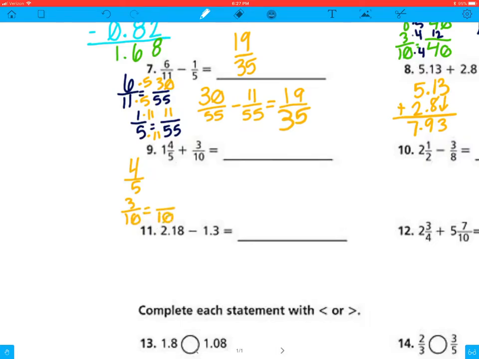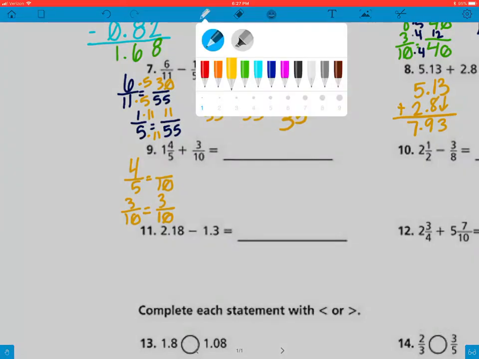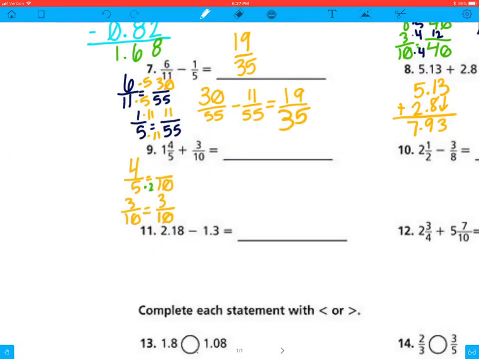Common denominator is 10. So my 3/10 stays the same, and my 4/5, the equivalent would be 8/10. 1 and 8/10 plus 3/10 is 1 and 11/10. Or I could also write 2 and 1/10.